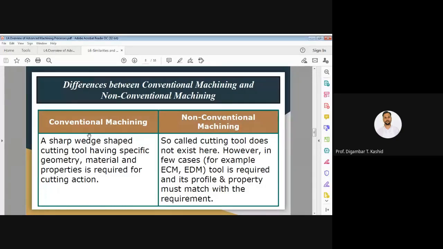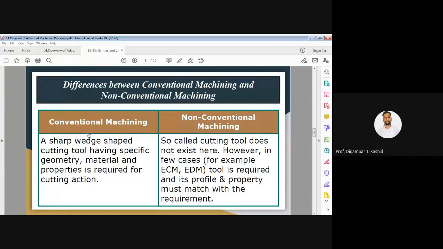However, in a few cases, for example EDM and ECM, a tool is required, but that is the electrode, which is not in physical contact with the workpiece. Whatever the profile and properties are, they must match your requirement.